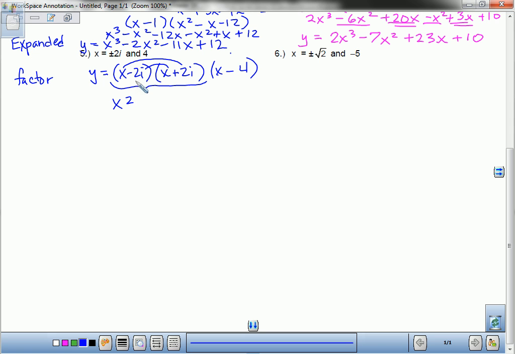And then the last thing we do is negative 2i times positive 2i is a negative 4i squared. But what does that i squared do, guys? It changes it to a positive 4. So that first one is just x squared plus 4.